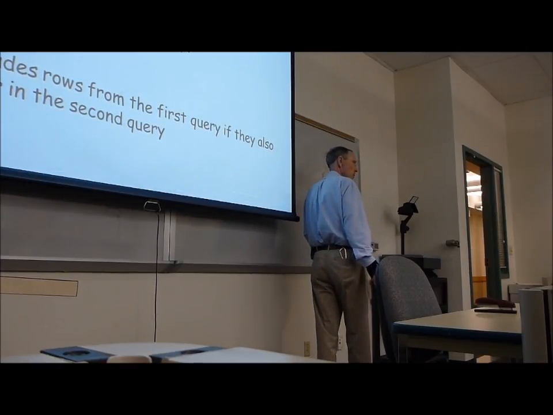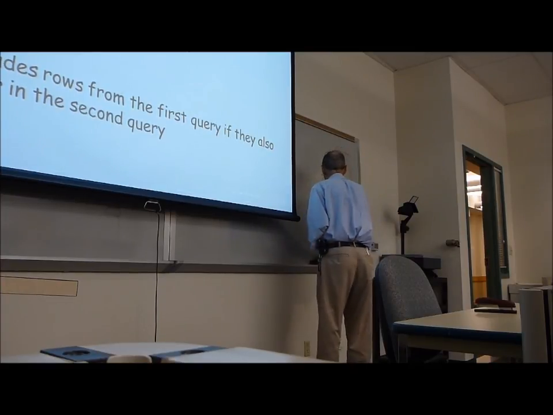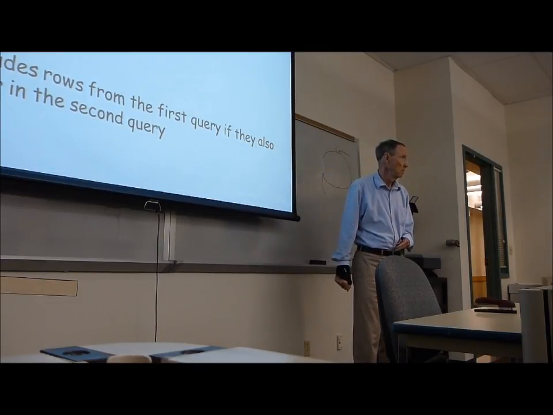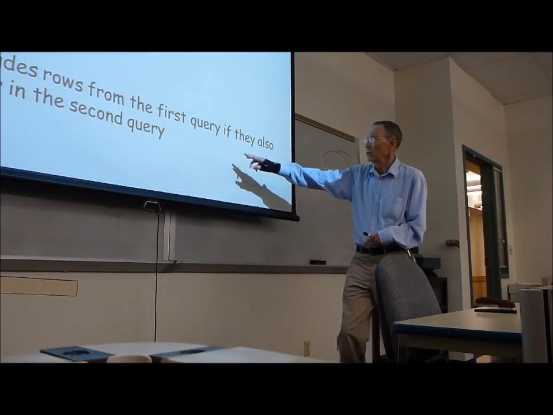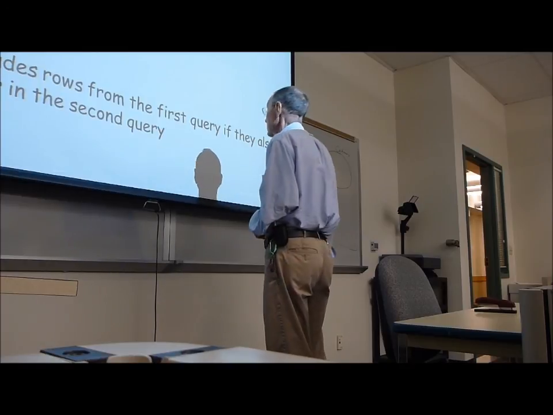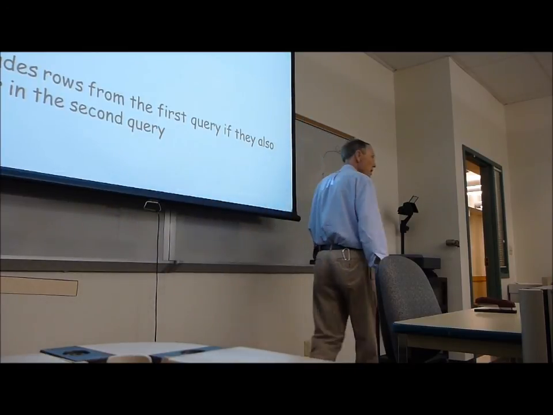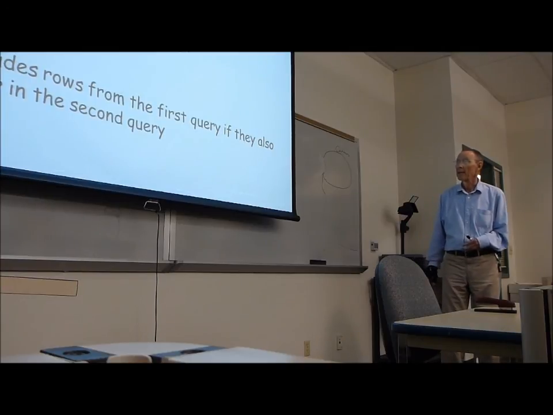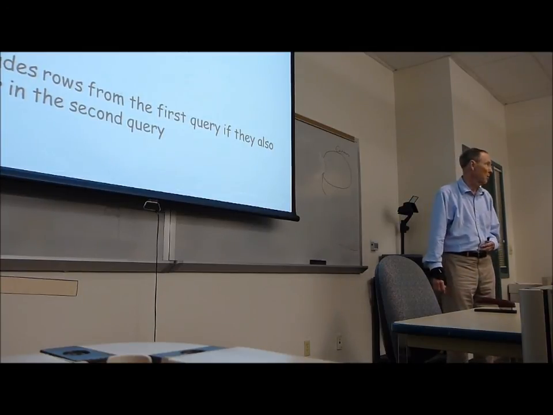That's what we want to do. And we do that with the except. So it excludes all rows from the first query that I have up there, which is going to be an employee, if they also occur in the second query.